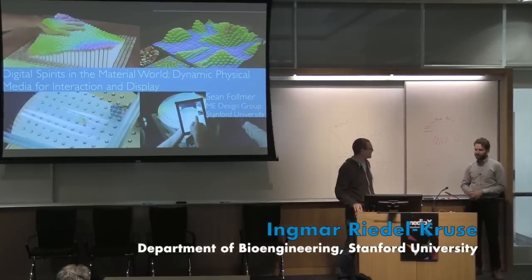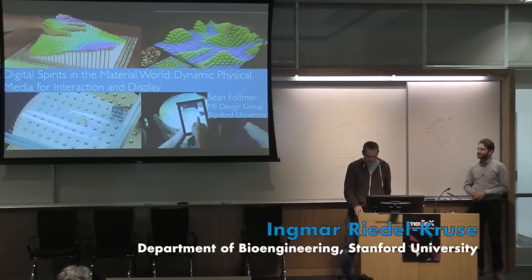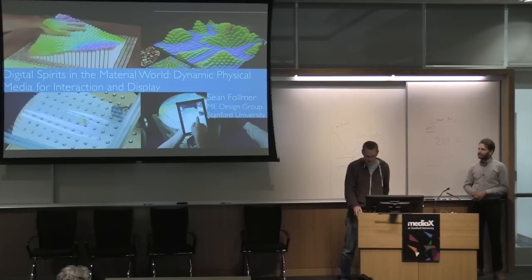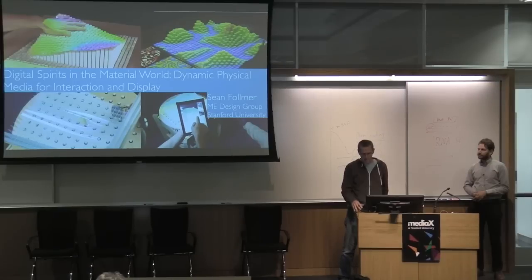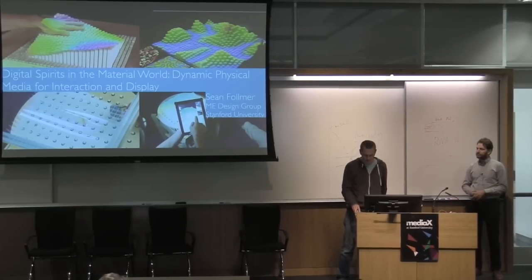It's a pleasure to introduce today's speaker, Sean Follmer. He is currently an assistant professor here at Stanford in mechanical engineering, and his research and also his teaching revolves around the design of smart and connected devices, and he really works at the intersection between human-computer interaction and also robotics. And Sean really pushes the boundary of what interaction interfaces are.